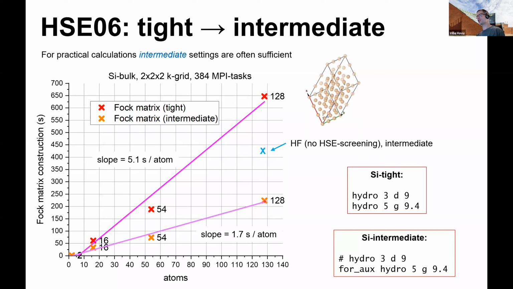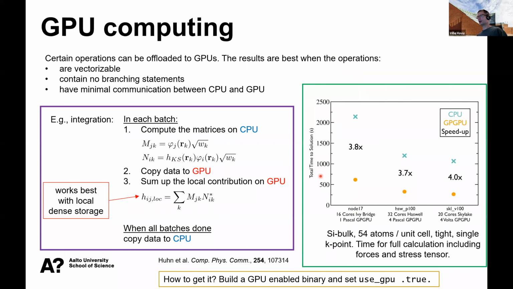So the HSE screening factor here drops so many elements that you save almost half of the time compared to Hartree-Fock. Obviously, if you have to do Hartree-Fock, then you again have to first choose the right model. I agree, but this shows you how the real space screening helps you, because it's more and more aggressive in the HSE. Okay, I'm almost done.